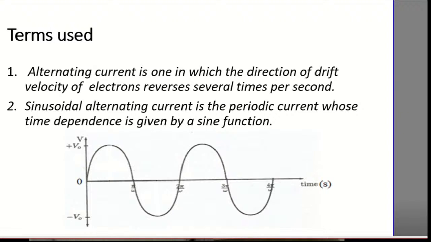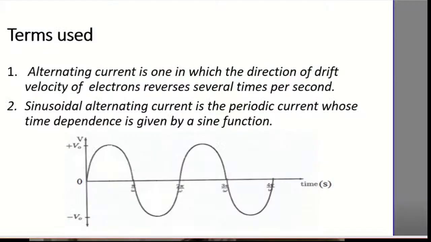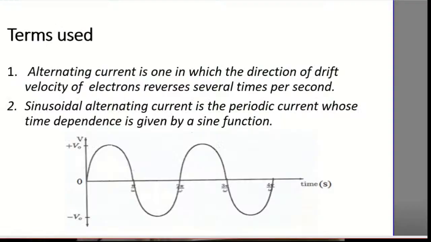The graph you are seeing there is a graph showing how the EMF varies with time as the coil is getting rotated in the magnetic field in the clockwise direction. So, you are going to see we are putting time boundaries. When you look at this graph, let me illustrate slightly.